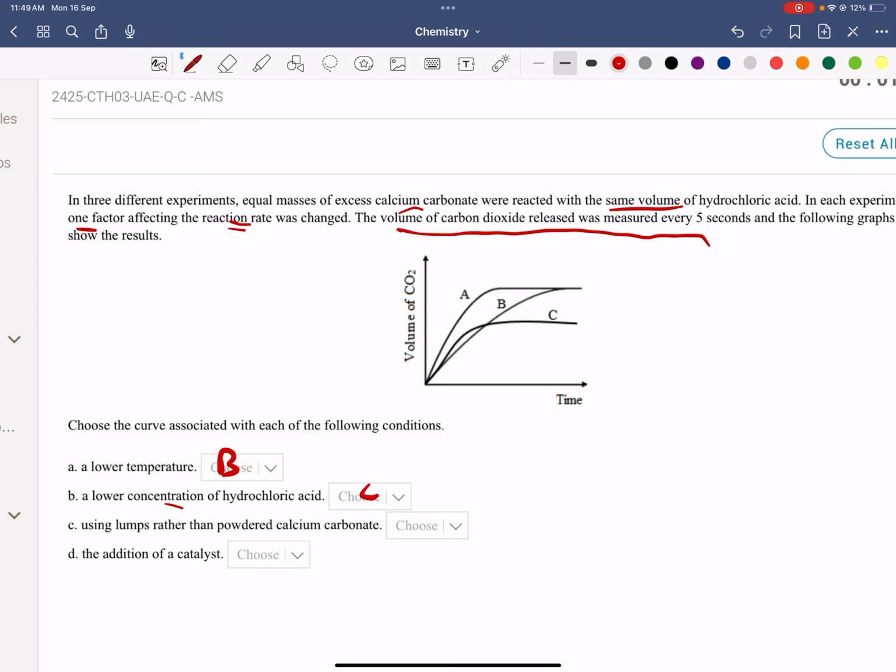That's why it's going to be C. Using lumps rather than powdered calcium carbonate. Remember, powdered calcium carbonate has a higher surface area. Lumps have lower surface area. So of course, we're going to have a slower reaction rate, but the volume of CO2 won't change. That's why we're going to choose graph B. And of course, the addition of a catalyst, it's going to be graph A, because it is the fastest reaction rate.